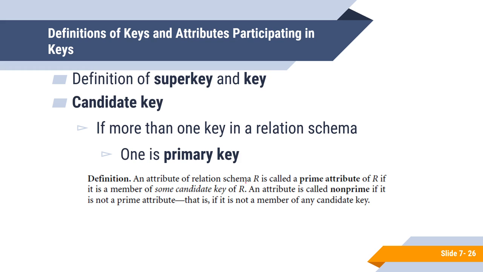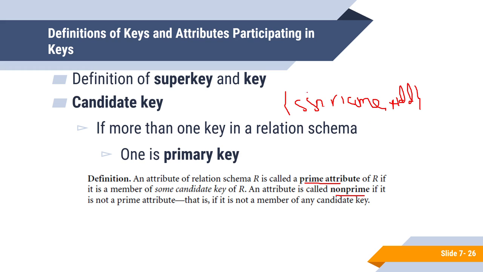An attribute of a relation schema R is called a prime attribute of R if it is a member of some candidate key of R. So here you remember two more terms: prime attributes and non-prime attributes. Prime attributes are members of a candidate key of R. If I take SSN, name and address as three keys, this group I can take as one super key.